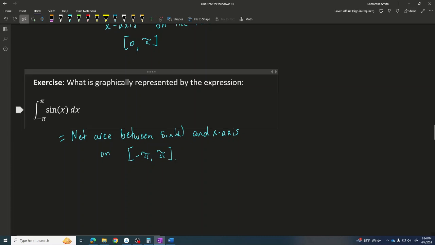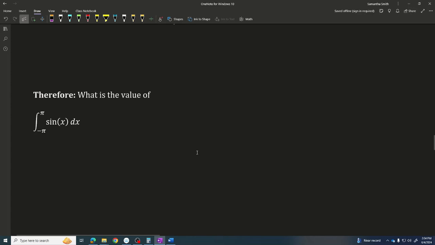Now, if you keep this principle in mind, if you keep this graphical significance in mind, then you can actually calculate certain definite integrals with barely any effort at all. As a matter of fact, I think that we can actually calculate the exact value of this definite integral right here using this idea. They say, therefore, based on that, what is the value of this definite integral, negative pi to pi of sine of x?